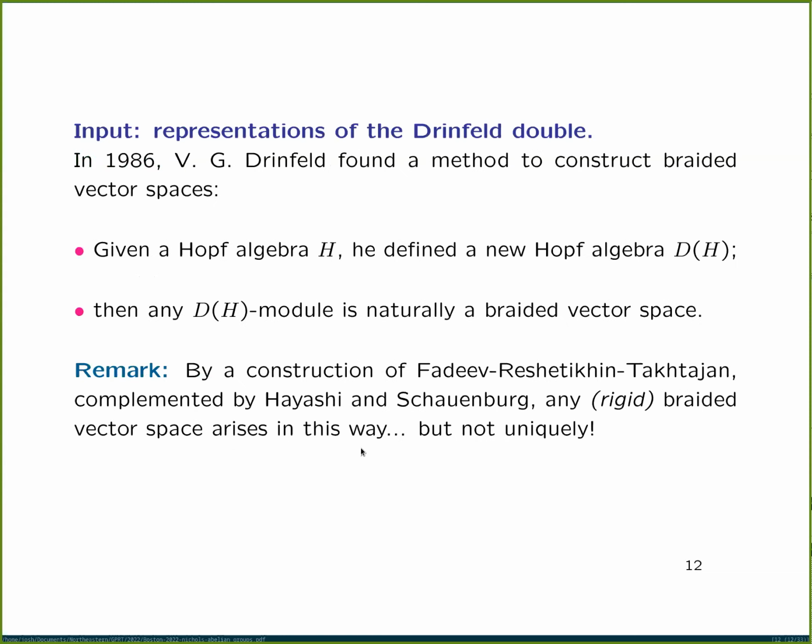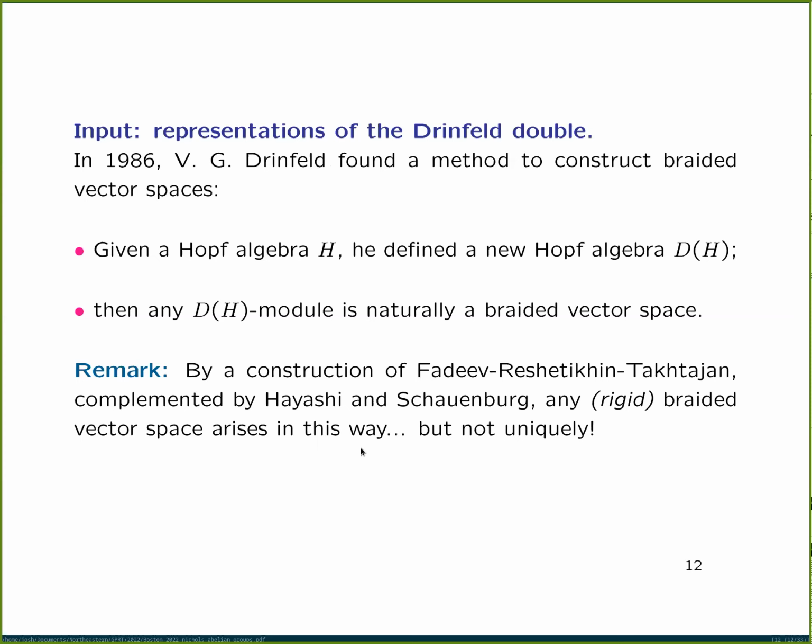But before, I will describe the Nichols algebra in a different way. First of all, let me remind you that Drinfeld introduced a method to construct braided vector spaces systematically.